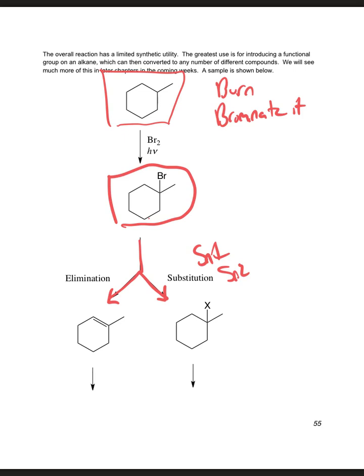Okay, so this right here is what we'll get into in chapter 6 and after test 2. When we get into the reactions, we'll really get into substitutions and eliminations, whether it's SN1, SN2, E1, or E2. And don't worry about those right now. We'll worry about those after test 2.